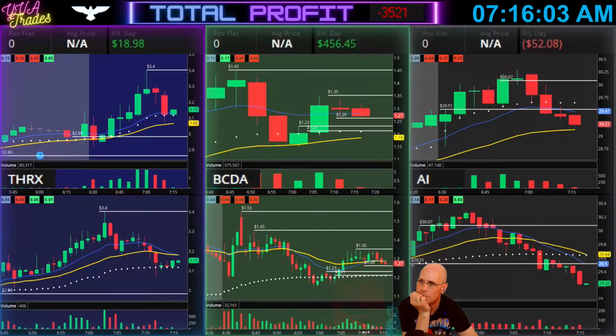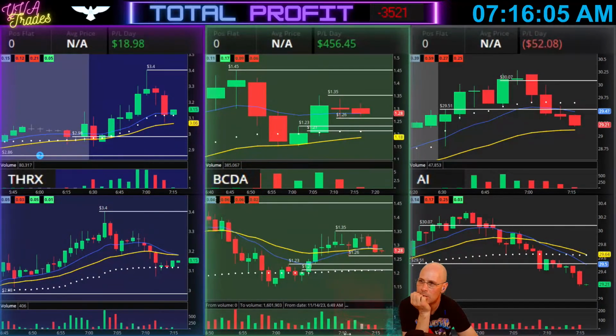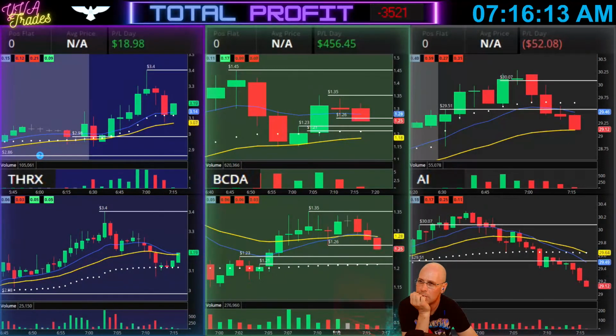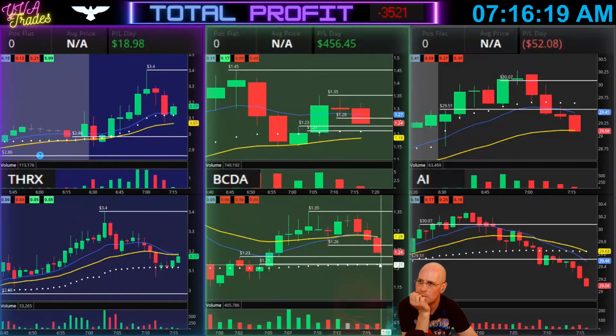So here we come, down testing that support. There's the break. So now we've got our 5 minute consolidation underway. Coming on down here. Okay, there's that first level. There's the second one right there. Now, you want to hold that.